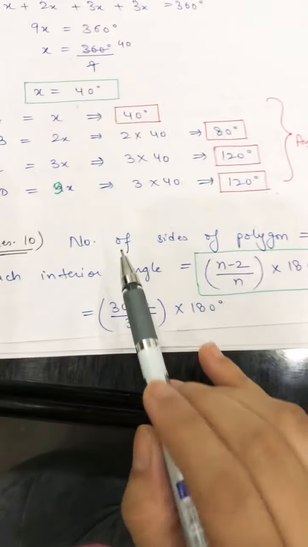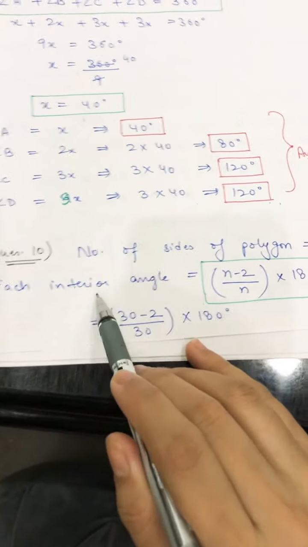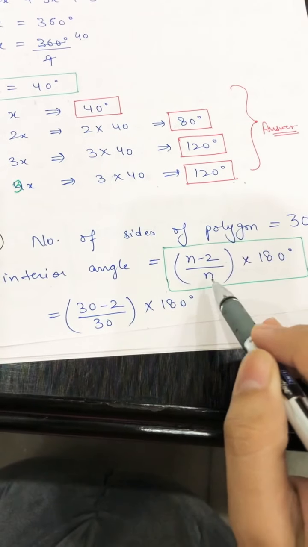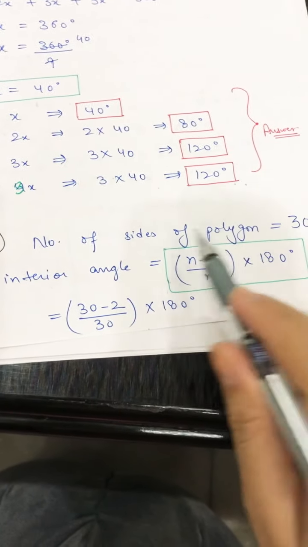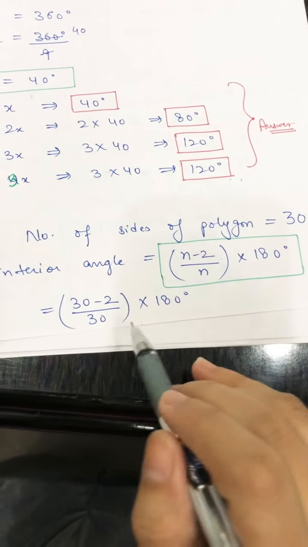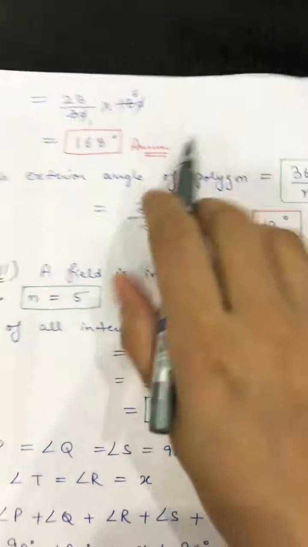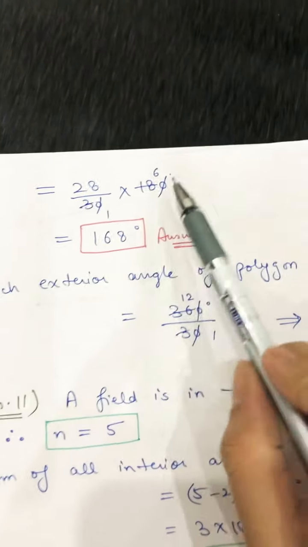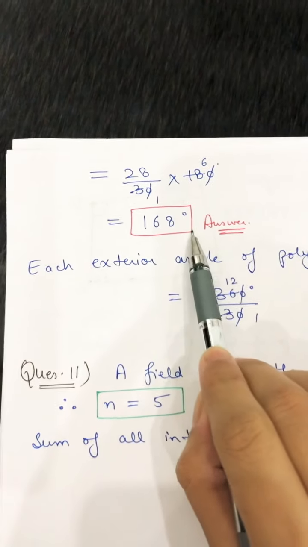So first of all, write down the number of sides of the polygon given, 30, and each interior angle is equal to (n minus 2) divided by n multiply by 180. Put the value of n into the formula. So it is equal to (30 minus 2) divided by 30 multiply by 180 degree. Now 28 divided by 30 multiply by 180, cancel it, it is equal to 168 degree.